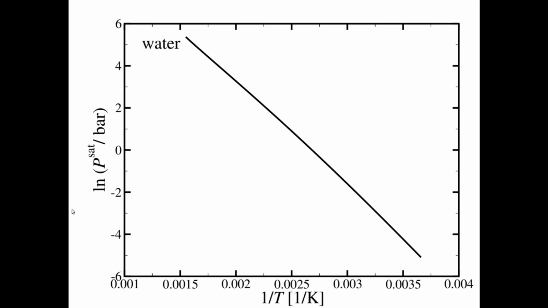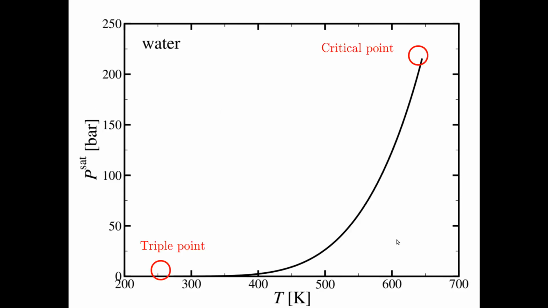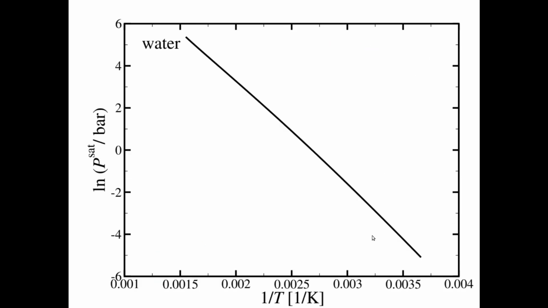Our Clausius-Clapeyron expression suggested a scaling of log P with inverse T. If we plot this in a Clapeyron plot, which is just log P versus inverse T, our data is fairly linear. If you look carefully, there is some curvature to the data, but compared to where we started, this is much more straight.